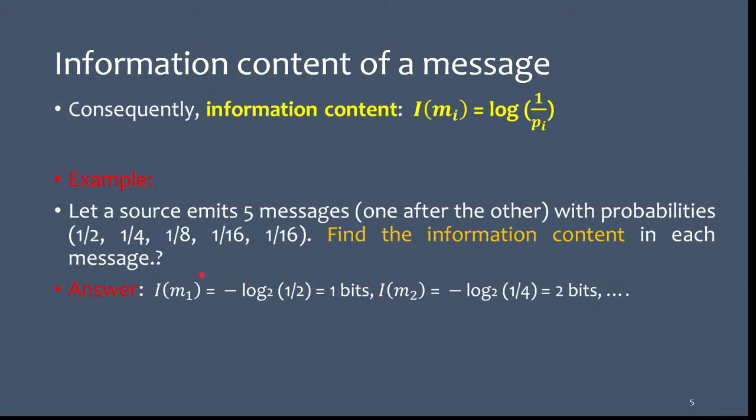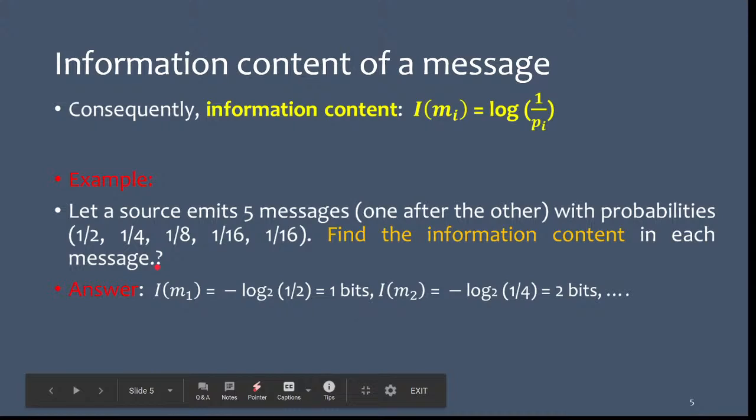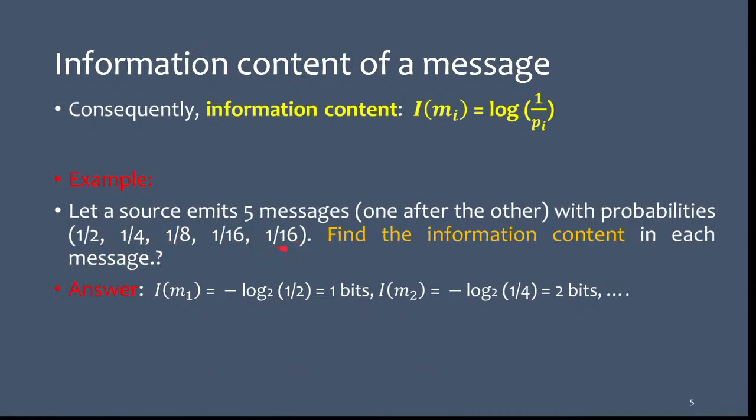So if I ask you the combined information due to all these messages, you should be in a position to answer this question. So here the question is finding the information content due to each probability or each occurrence of an event or a message. Yes, it's very simple. But if the question is to find the combined information content, the total information content due to all these events, basically that's the sum of all these, right?